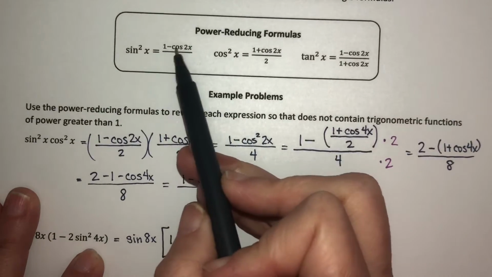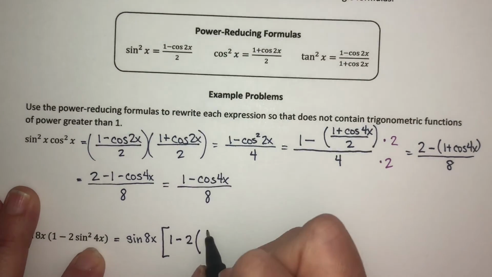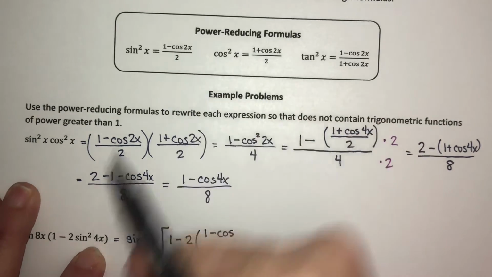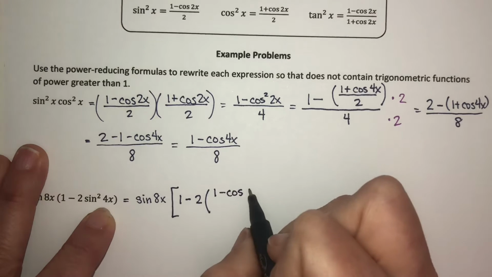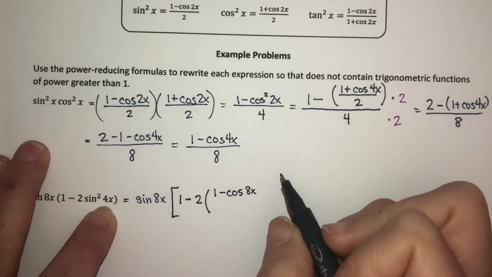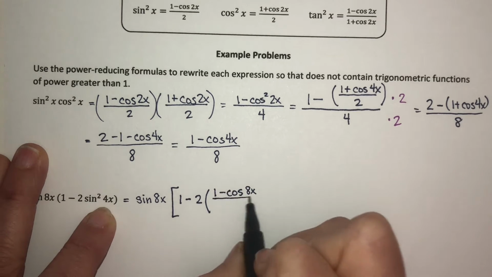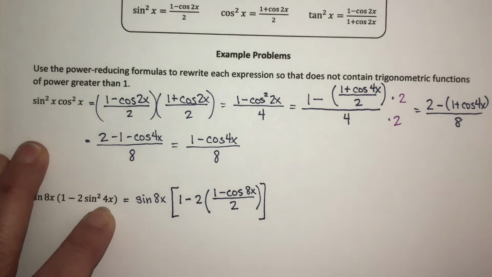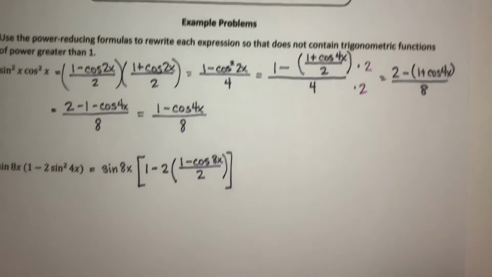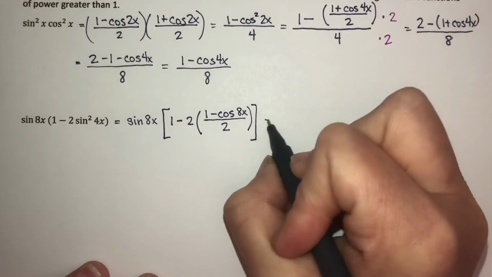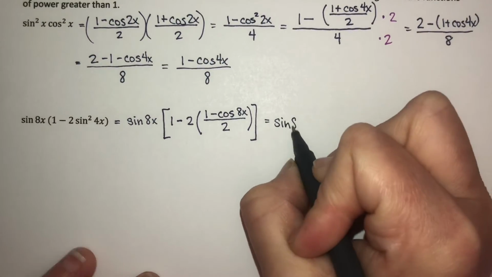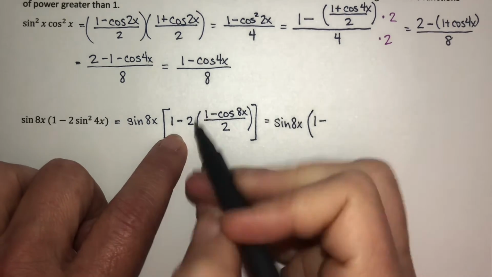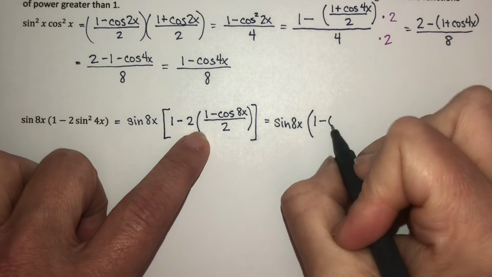So I do 1 minus cosine of 2 times whatever this is. So this is 8x over 2. So I have sine of 8x times 1 minus, here these 2's cancel out.